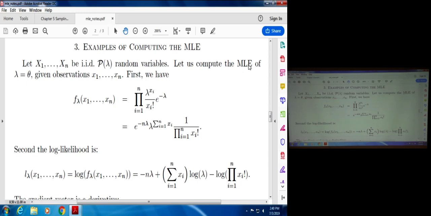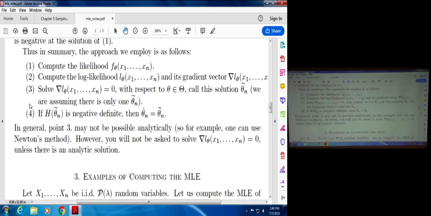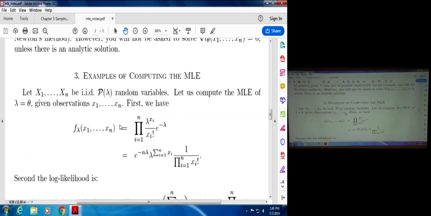Okay. So our parameter theta is exchangeable with lambda, so we're going to use lambda here. And it's very simple. We've just got this simple algorithm following points 1, 2, 3, and 4, and that's what we're going to do. So what's the likelihood function? The likelihood function is the joint density of the observations that we have seen under the parameter value lambda for any fixed lambda.